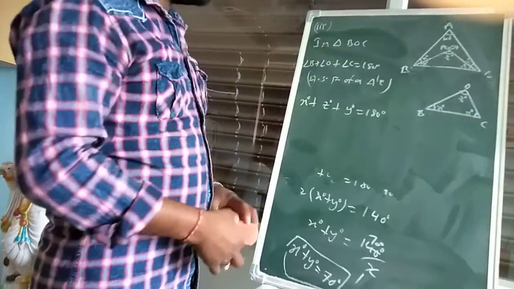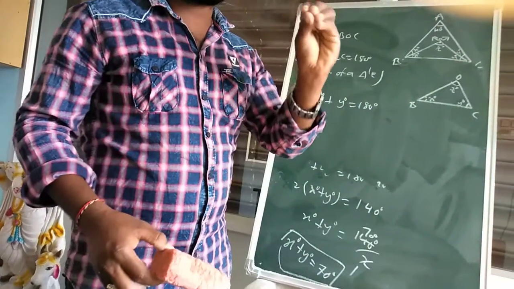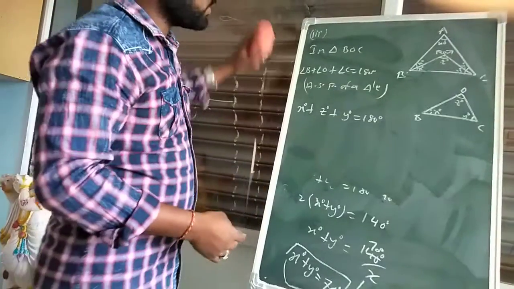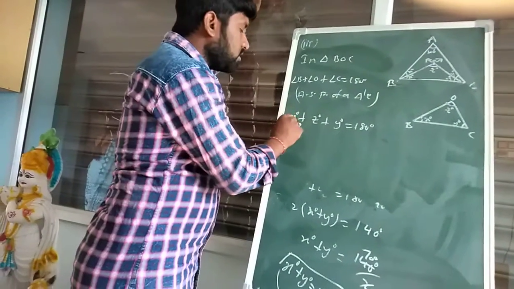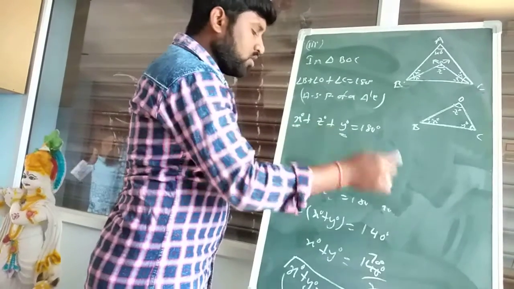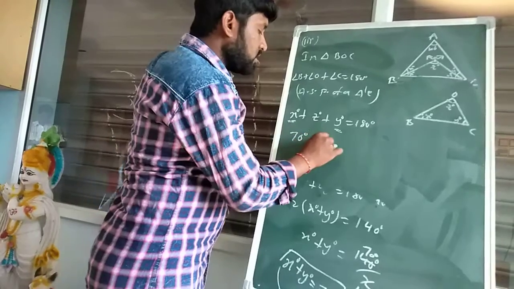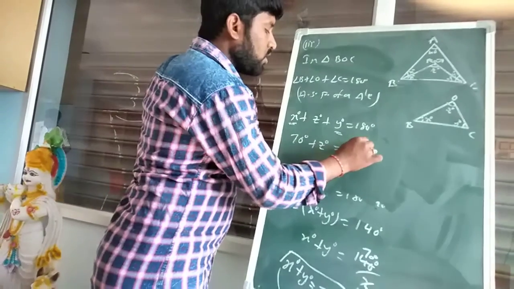We know in a triangle the sum of the interior angles is equal to 180 degrees. Here, x degrees plus y degrees we can write as 70 degrees, plus z degrees, is equal to 180 degrees.